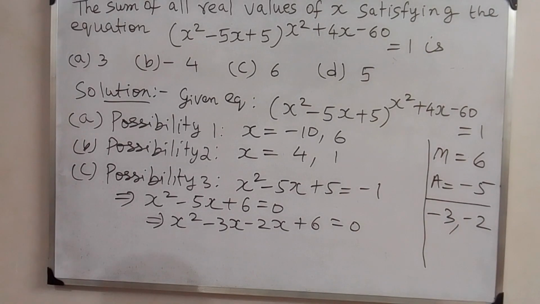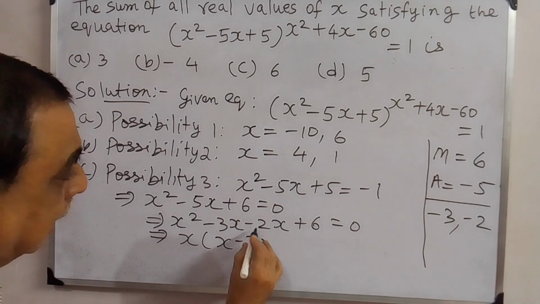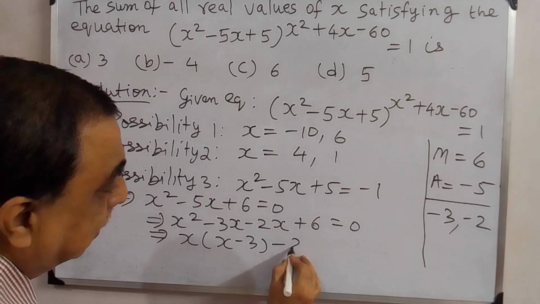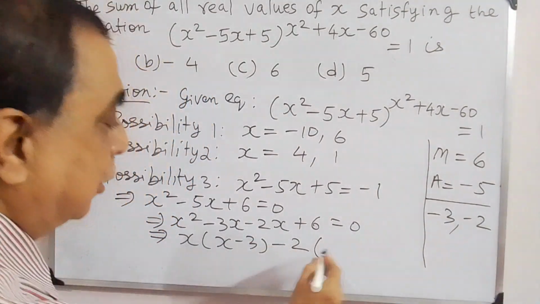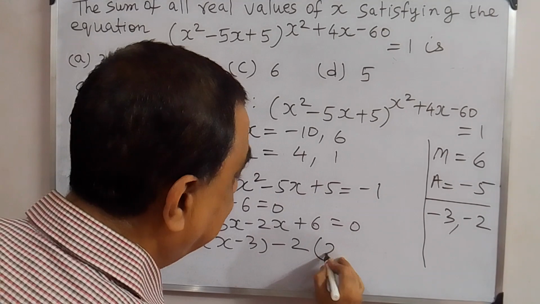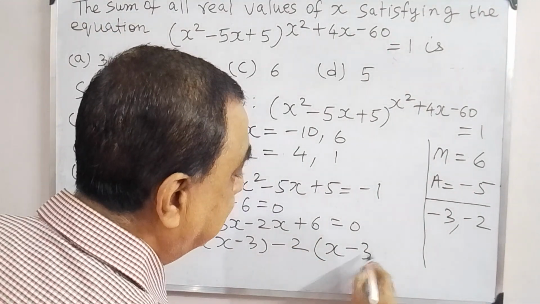Now factorize it. Take x common from here, so we get x minus 3, and then here take minus 2 common. Minus divided by minus is plus, 2x divided by 2 is x, and plus divided by minus is minus, 6 divided by 2 is 3.